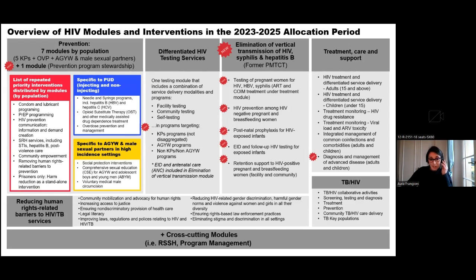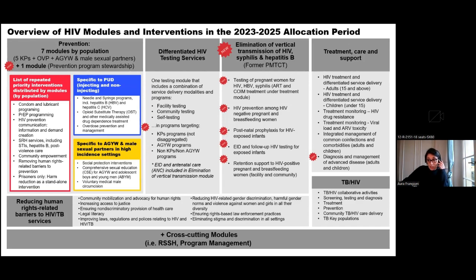So this slide offers an overview of the grant cycle 7 HIV modules and interventions. So next cycle, we will have in total 13 HIV modules, of which 7 are dedicated to HIV prevention by priority population.